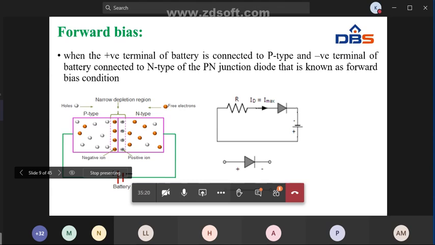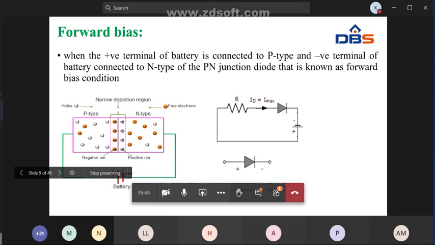That means the voltage across the junction is less than the external voltage, right? So if you apply 0.7 volts or greater than 0.7 volts in silicon material, this junction will break.